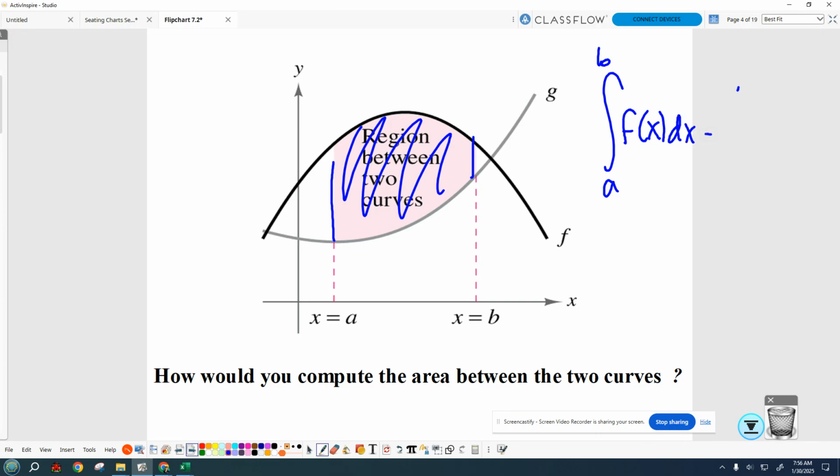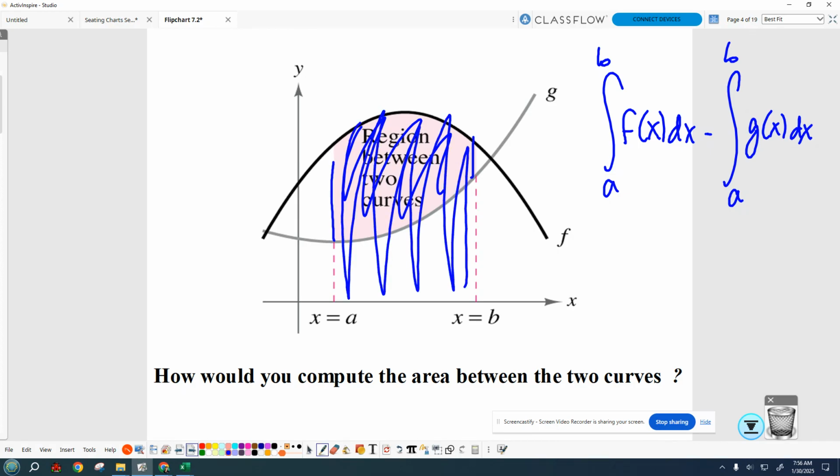You said find the integral of f and subtract the integral of g. Think so? Because f is all of this, and if we cut out or subtract g, we get just the fish belly. Yeah.